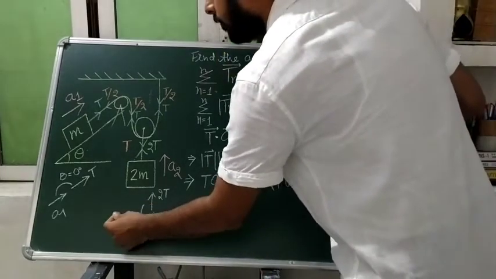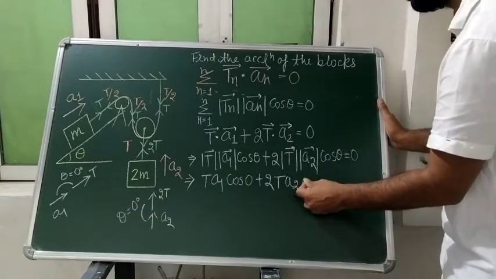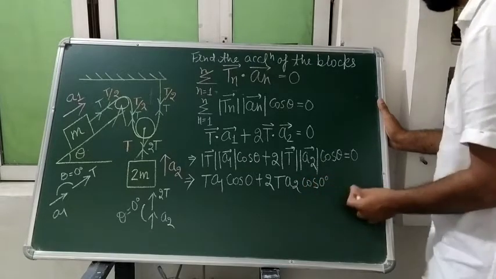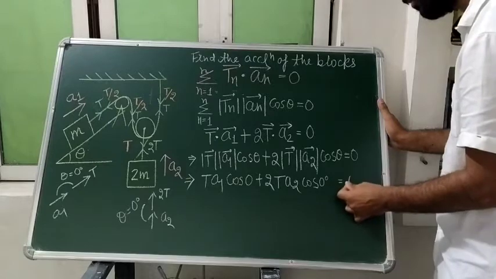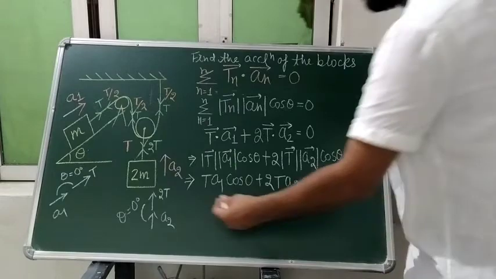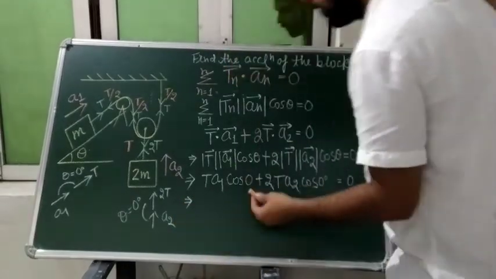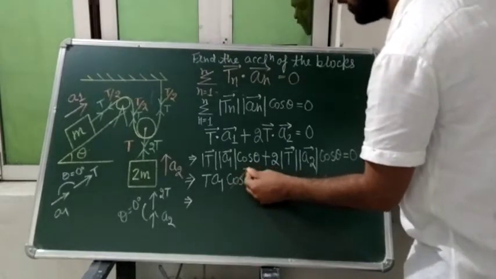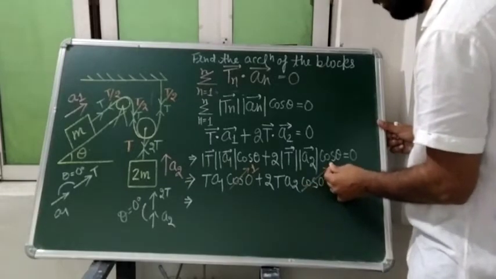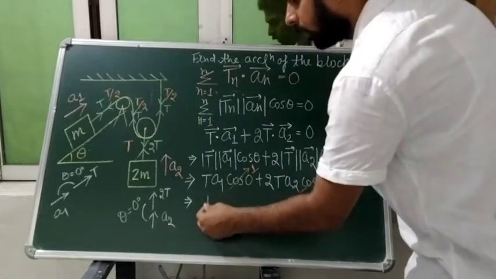Here you will get theta equal to 0 degree, so this cos 0 will become 1 only. And you know cos 0 is what, students? 1.